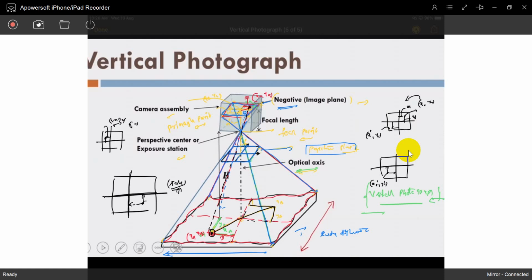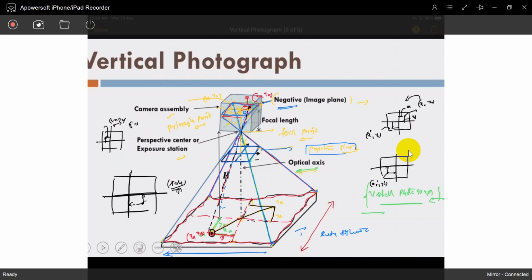If you know the coordinates of two points, you will get the distance between those two points easily, because of linear algebra. Okay, so that's it.